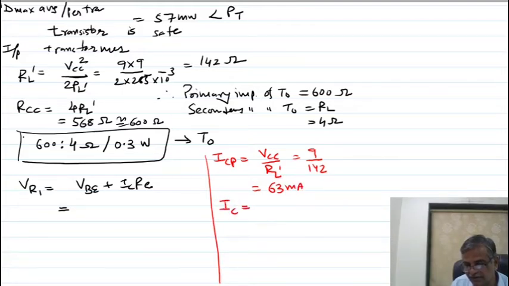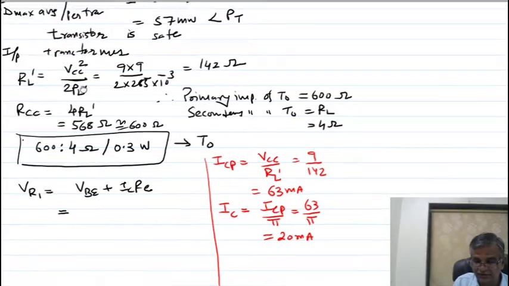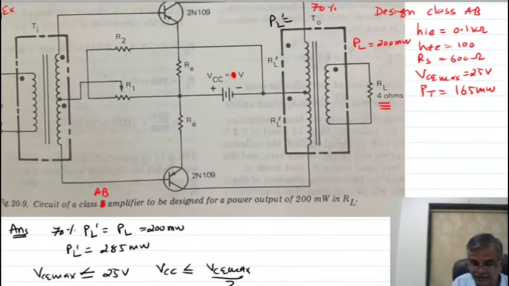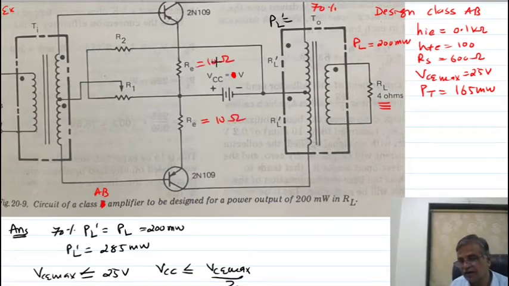DC value of the current, DC component is current, IC peak upon pi. So you can get this is nearly about 20 milliampere, and R is 10 ohm.